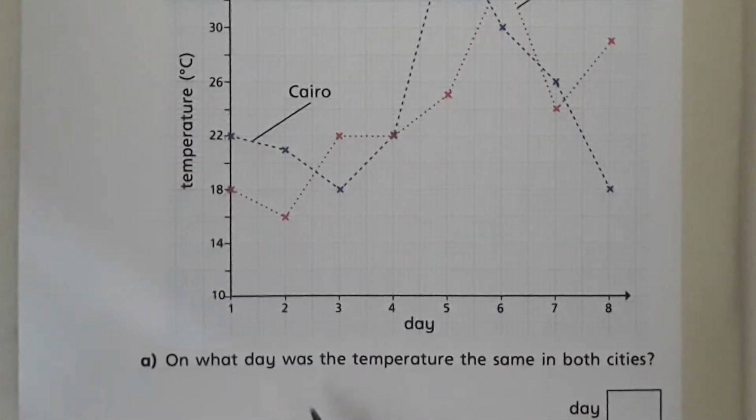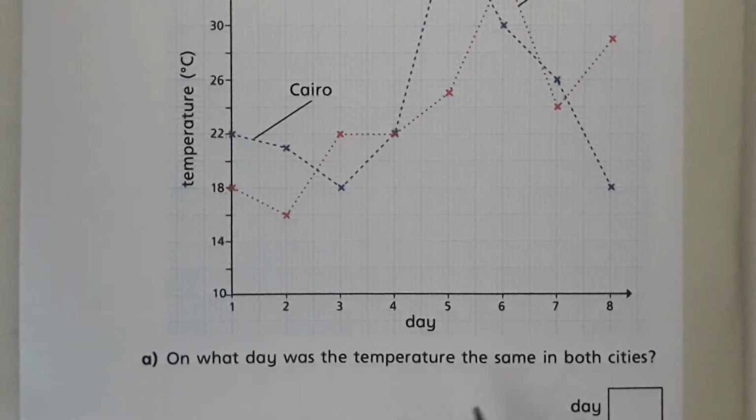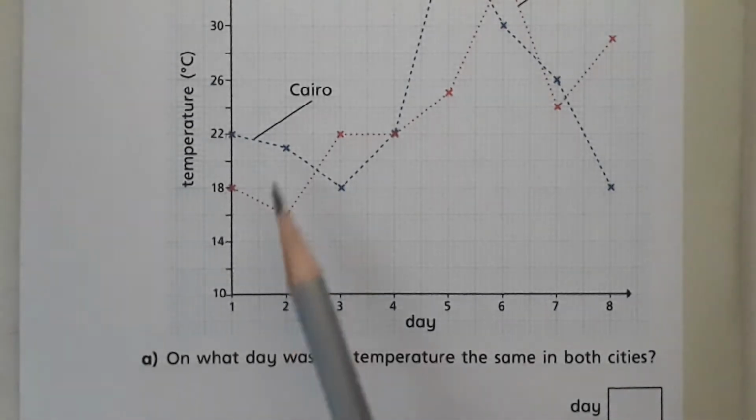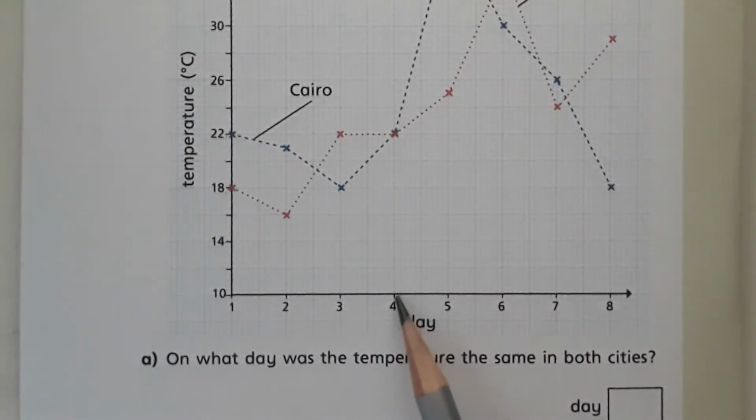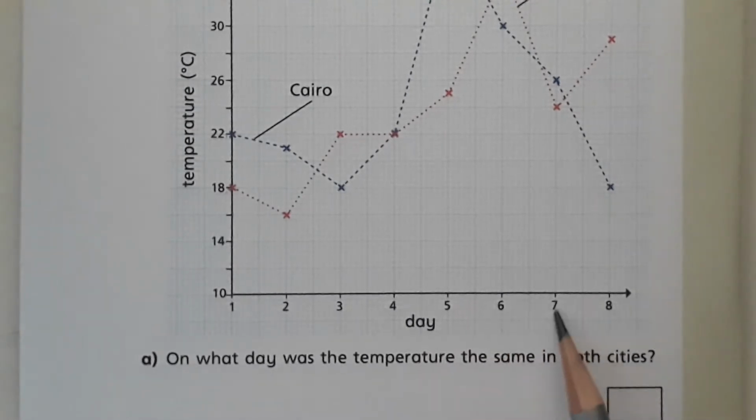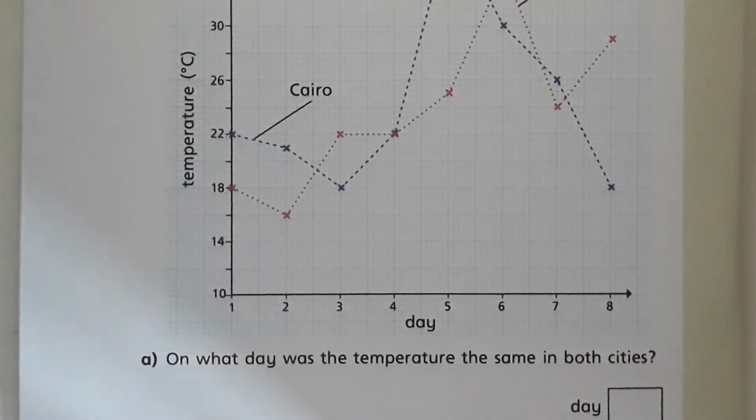This one: on what day was the temperature the same in both cities? The crosses have to be in the same place for that day. If we look all the way across the graph, there was only one day when the temperature was the same, so the cross is in the same place.